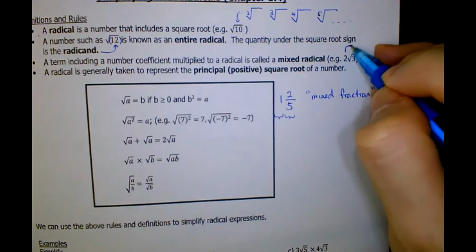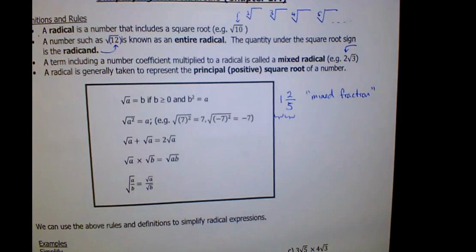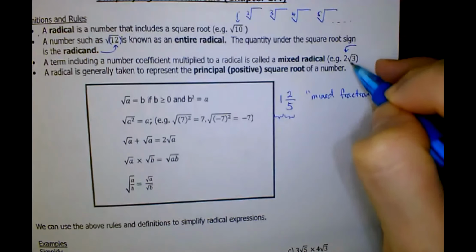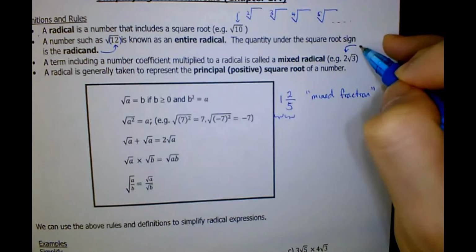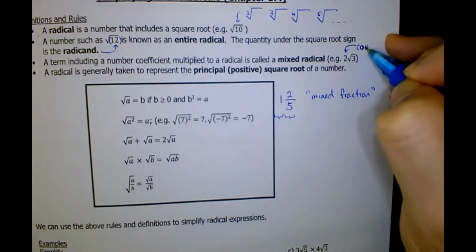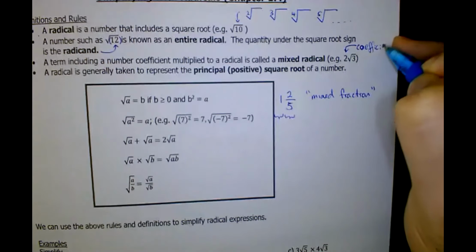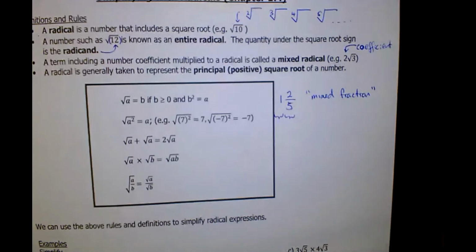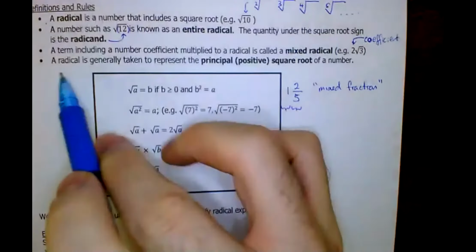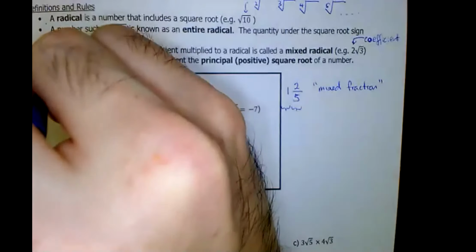Another thing we might refer to, there's a number in front, that would be our whole number, and it is being multiplied to the root. For the sake of ease, we can refer to this as a coefficient as well. Some people don't share that opinion with me, but we'll move on.